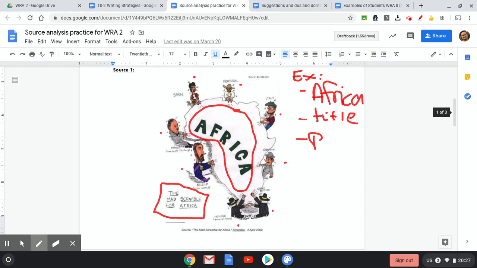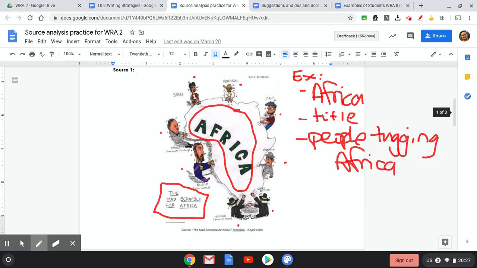So there's people pulling or tugging on Africa, the continent. Now, what's different about these people? Well, they each have a label. France, Belgium, Holland, Great Britain, Germany, Italy, Portugal, Spain. So we know that each one of these people represents a different European country. These were all countries that colonized Africa.